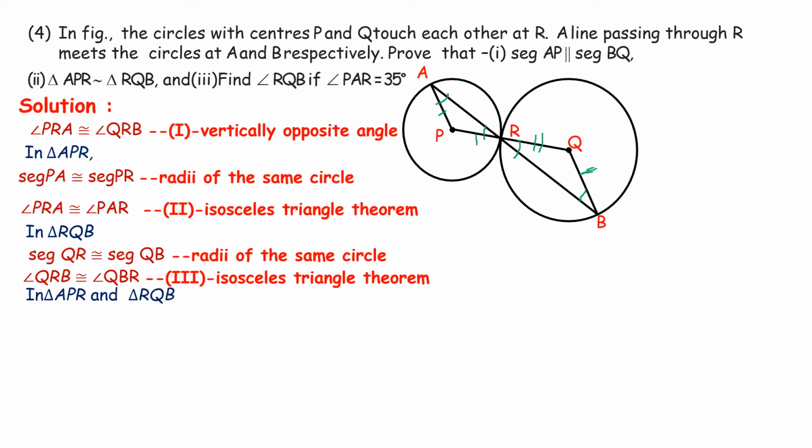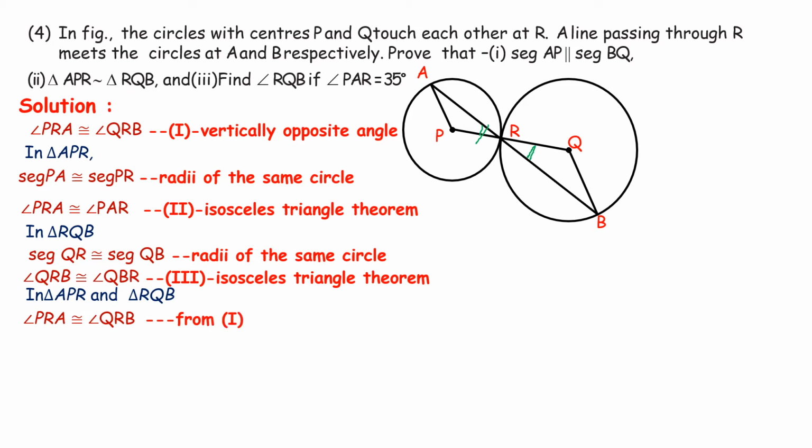In triangles APR and RQB, these two angles are these two. Means this one and this one. From statement number 1, write down angle PRA congruent to angle QRB.